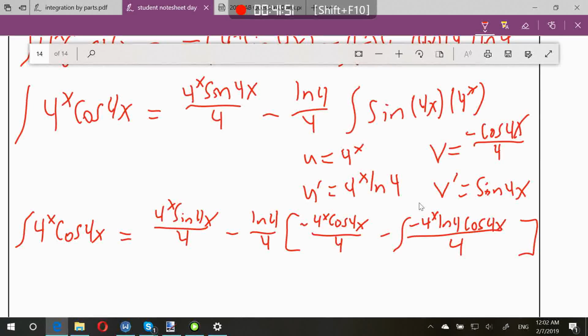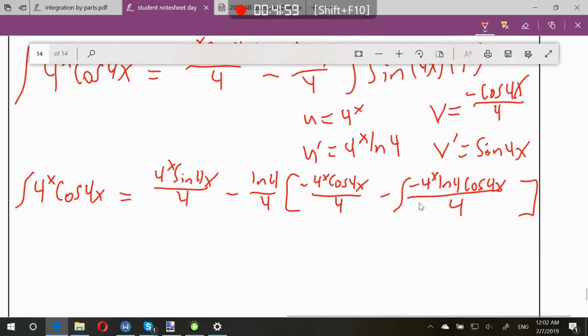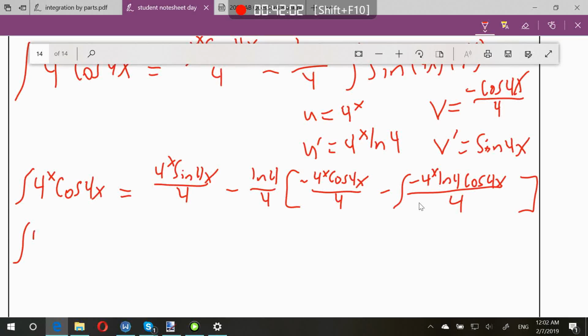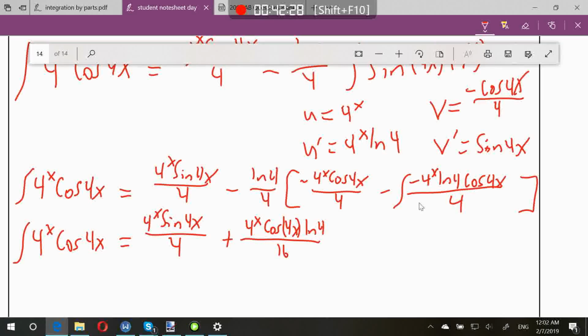No. Okay. I'm going to go ahead and distribute everything that I've got in here, and we'll pull our constants out of this integral. So that'll leave us with the integral of 4 to the x cosine of 4x is equal to 4 to the x sine 4x over 4. A negative times a negative should give me a positive, so this is plus 4 to the x cosine 4x ln 4 over 16.